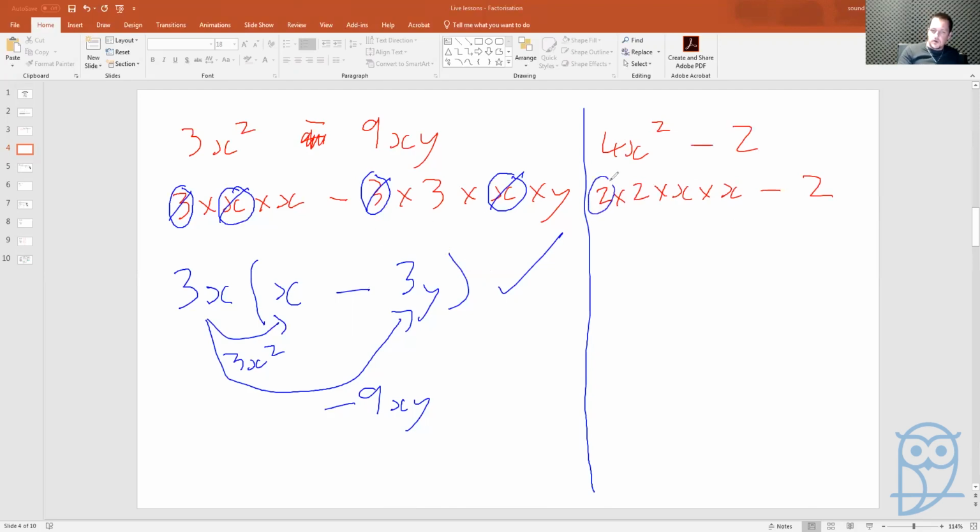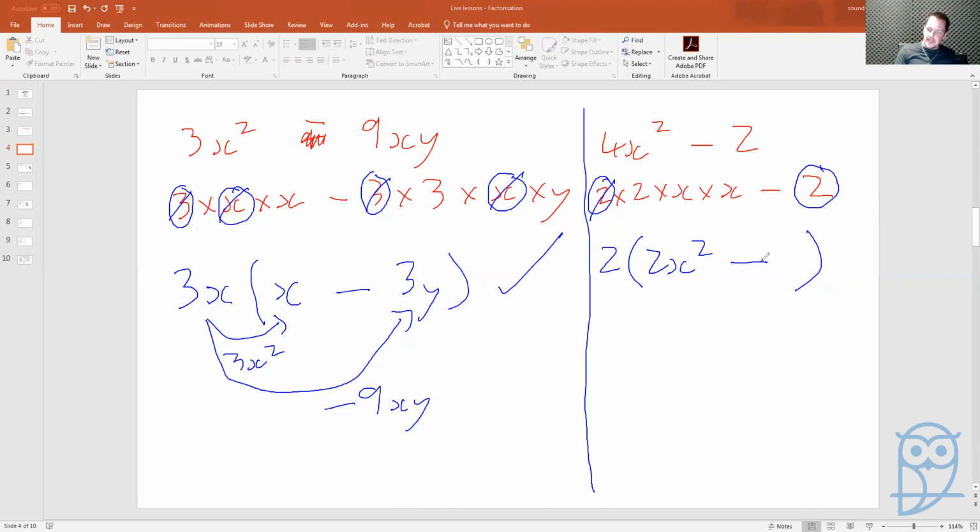Well, there's a 2 on that side, and there's a 2 on that side. So my common factor is 2. And I need to write what's remaining. Well, once I get rid of that, I have a 2 times x, 2x squared. Great. I have a minus, but I've taken this out, which means there's nothing there, so I just close the brackets, right? Well, no. And this is the problem.